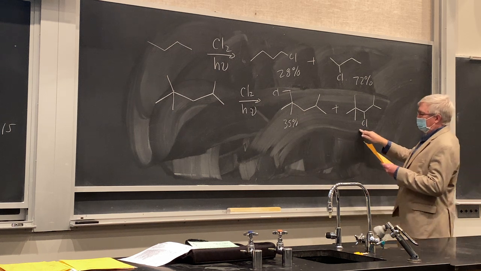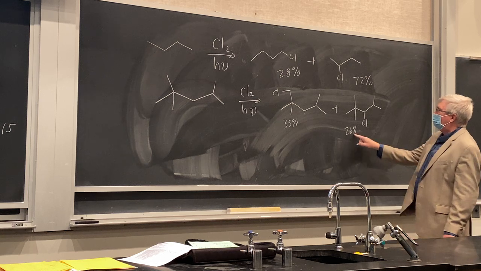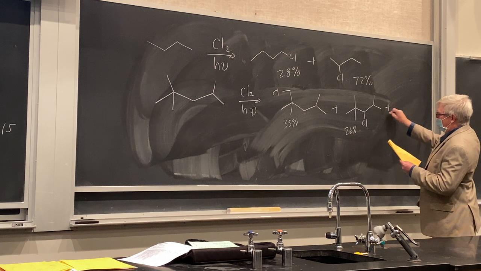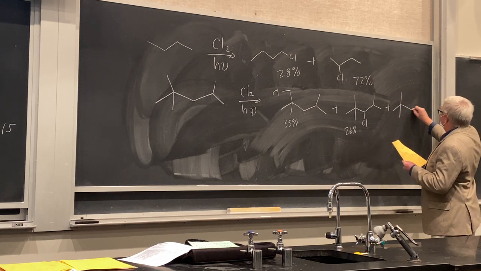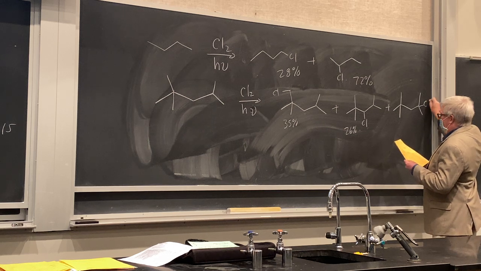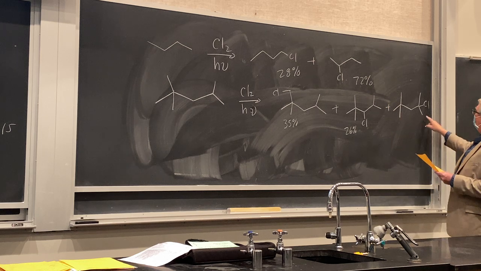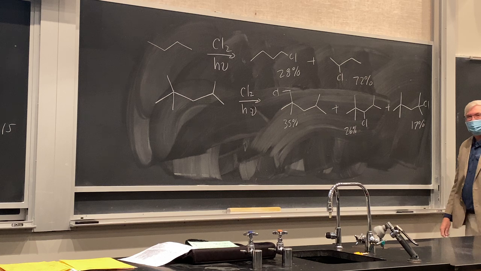And this one is 26%. Okay, well look, it's even less than the primary one, right? The secondary one, 26%. Now let's see, how about, we've got a tertiary one finally. We've got this one over here, okay? We substitute right there instead, but it's only 17%.